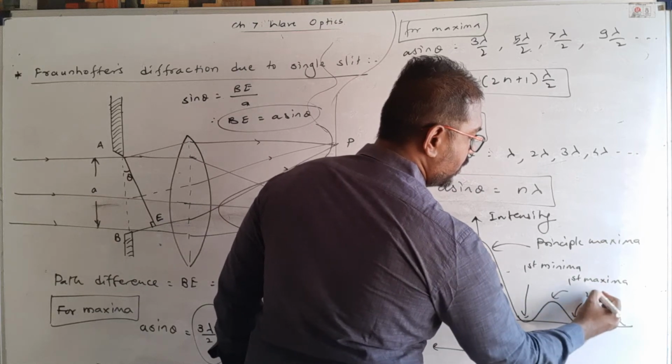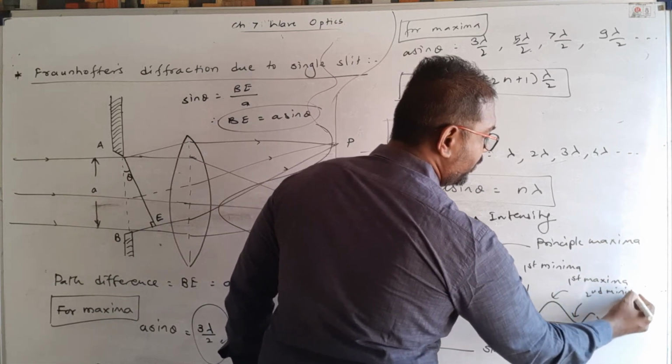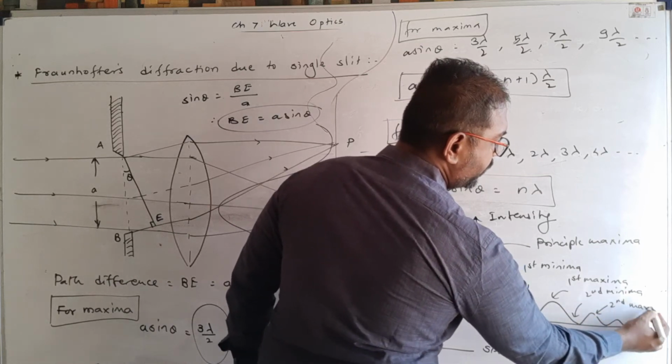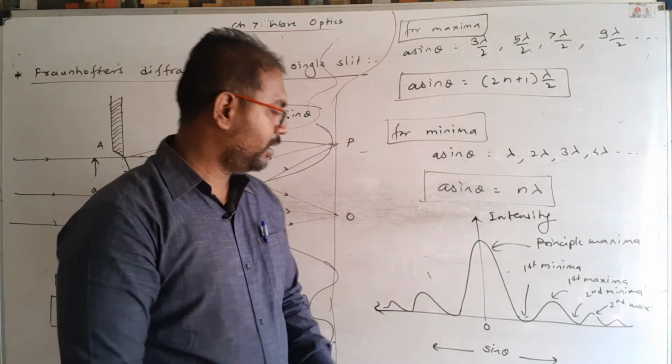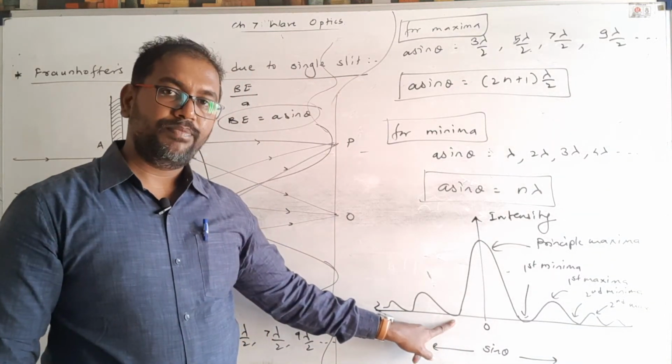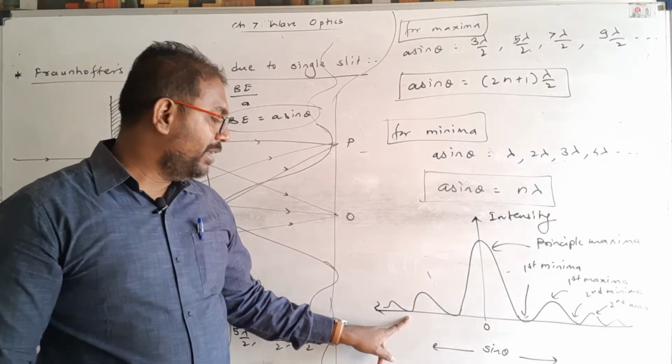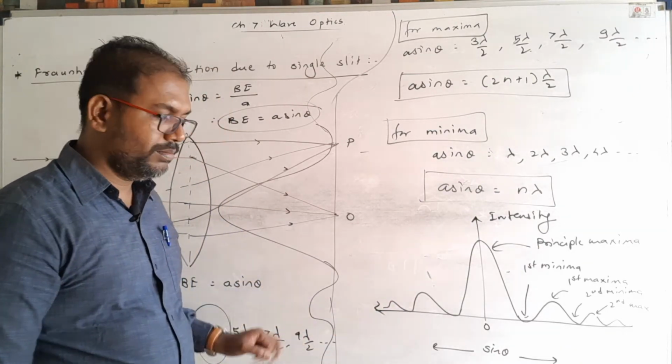This is the second minima. This is the second maxima, and so on. Similar manner here also: first minima, first maxima, second minima, second maxima, and so on.